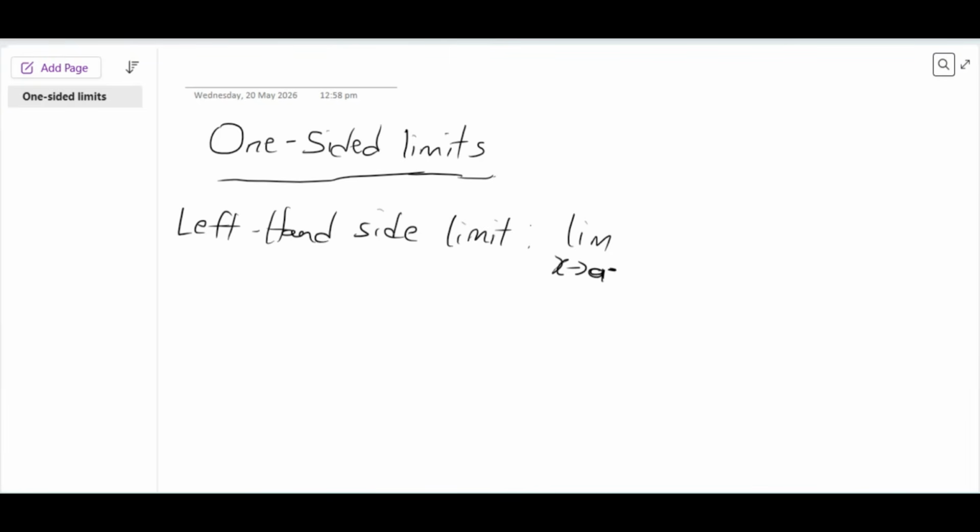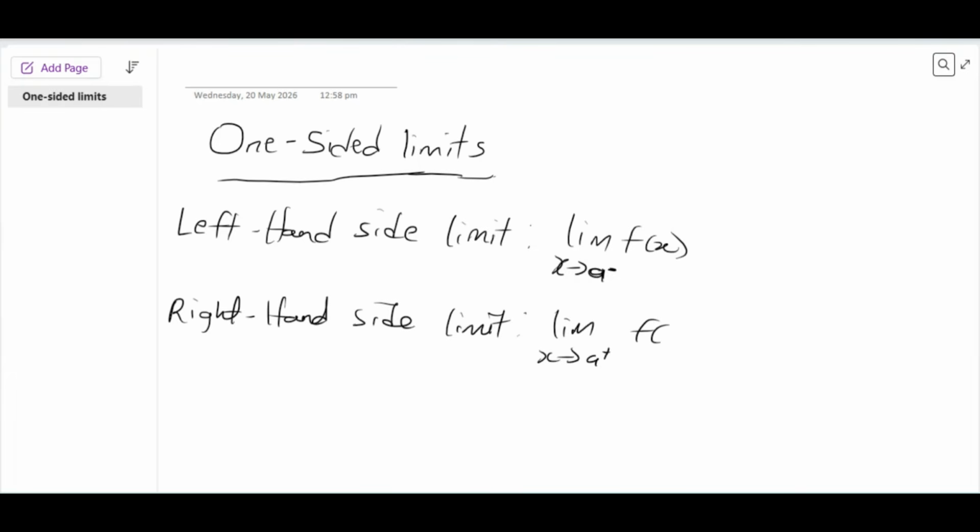We use this minus sign on top to denote that we are approaching a from the left. And then we have the right-hand side limit, which is also denoted by the limit as x approaches a from the right of f of x.